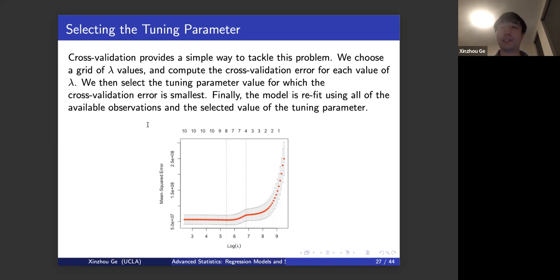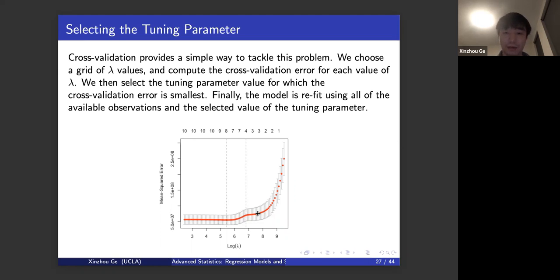So we do not use the data point twice, and by cross-validation we can avoid the problem of overfitting, because for each data point, we do not use it for prediction and model fitting at the same time. That's why cross-validation can give us an idea whether this model is good or not. And we can try different lambdas and compare the results of cross-validation so that we can compare the prediction accuracy for different lambdas.